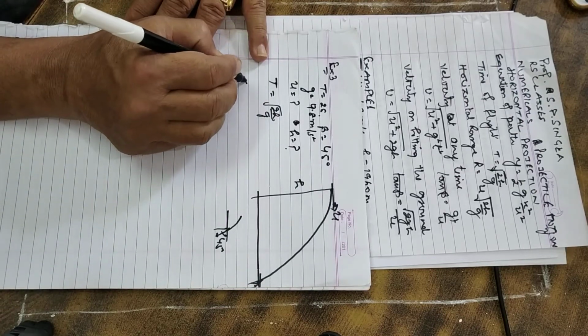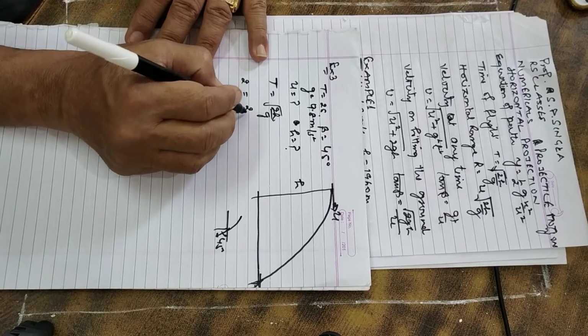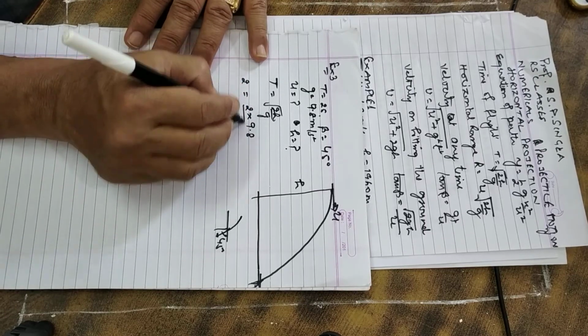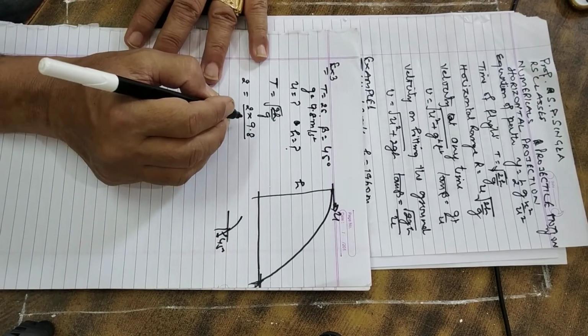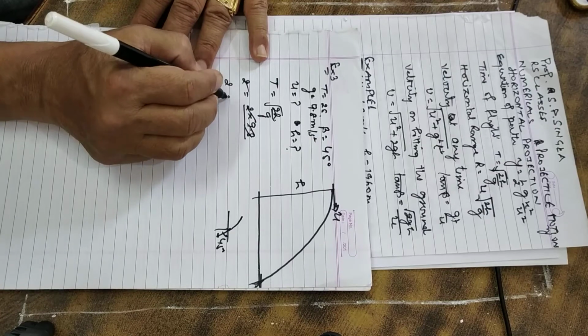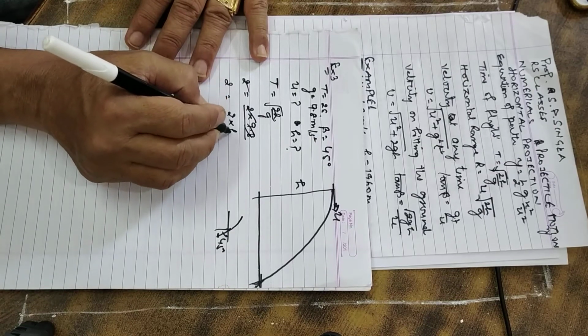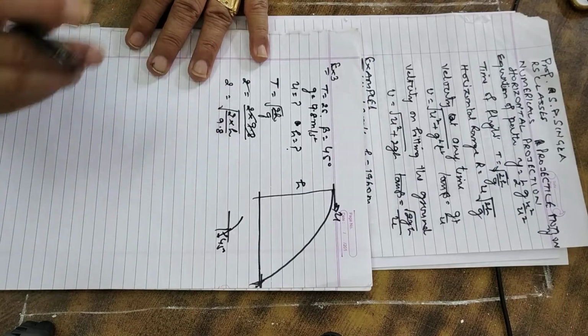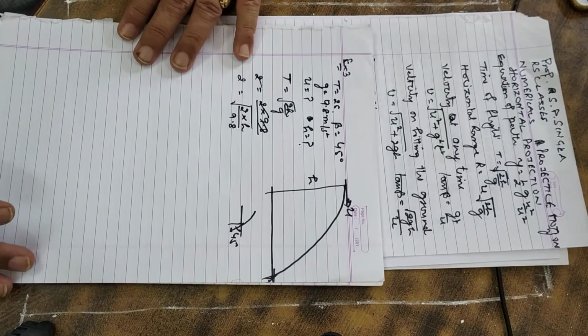So what is time? 2 seconds. 2h upon g, g is 9.8.